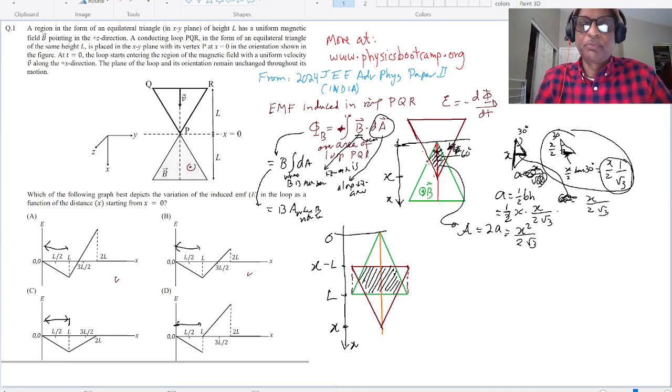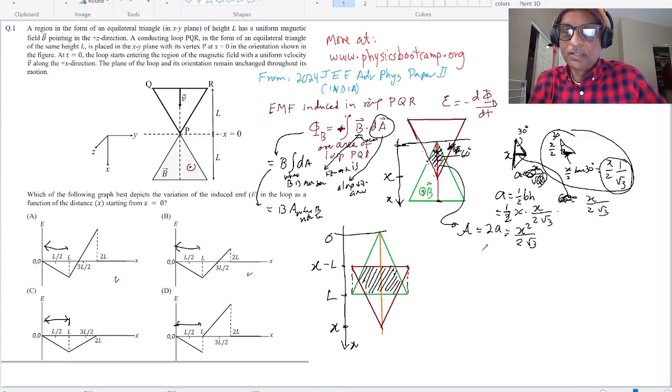So before we work this out, let's carry out what the EMF we expect when it's falling before it has reached this depth.